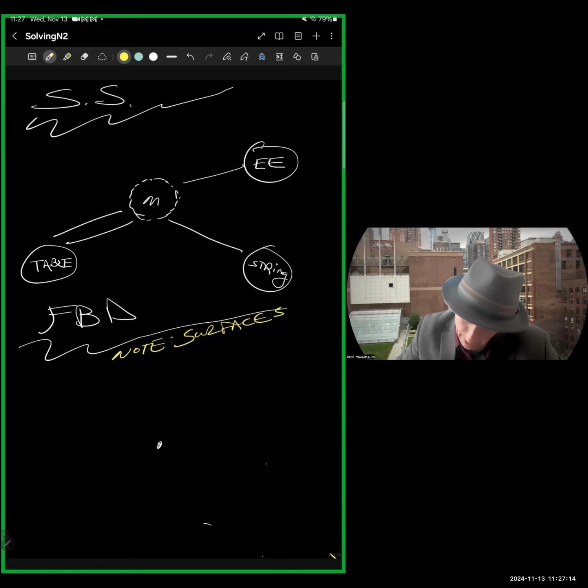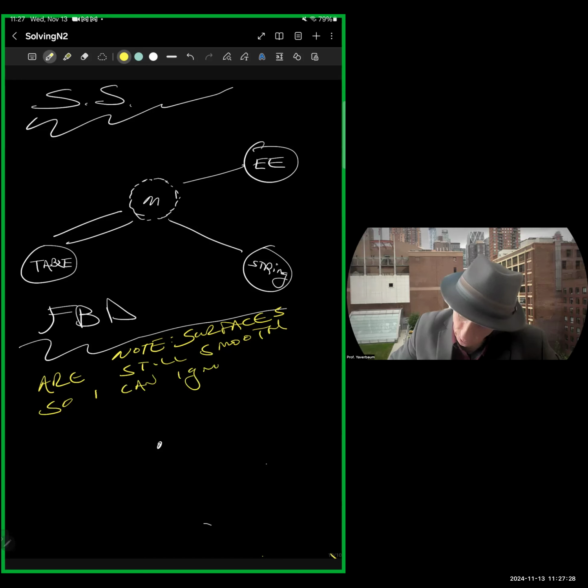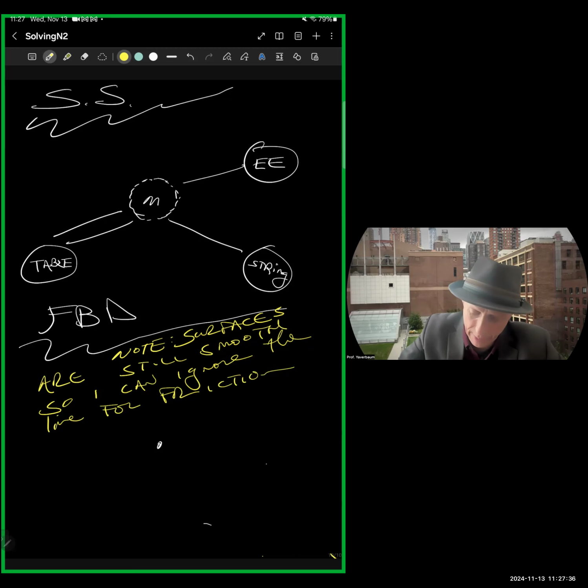Apparently, no one told me anything about roughness or anything like that. So I can ignore the line for friction. I'm not going to turn that into an arrow in this diagram because apparently there is, as yet, no friction. Obviously, friction's the next thing I have to put.